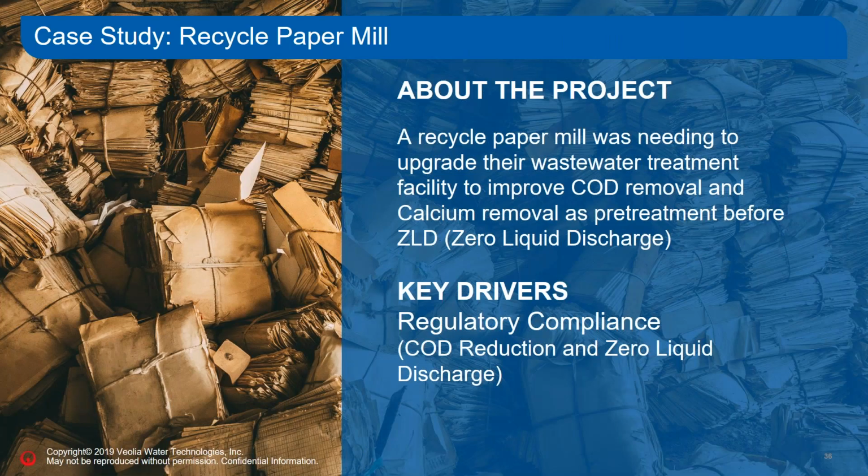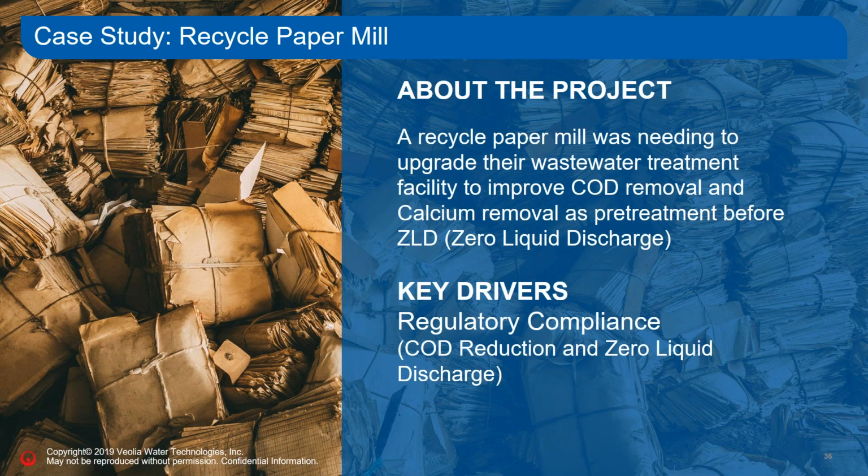The second case study that I wanted to present is also on a recycled paper mill, where calcium is an important design factor. I already explained earlier that calcium has a big impact, especially on anaerobic treatment. Calcium tends to precipitate because of carbonate that's formed in the biological process, the CO2 that's produced.